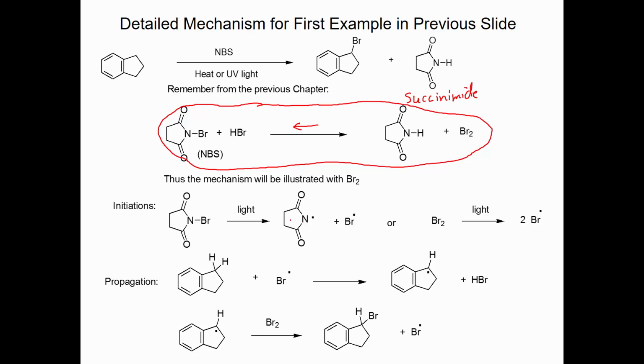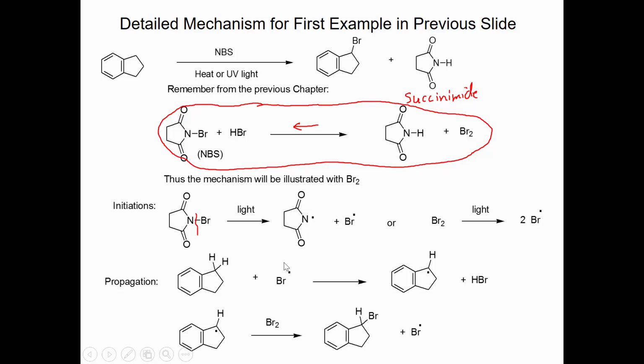All right, so in our initiation, we're going to treat this with light to just cleave the nitrogen-bromine bond, and this gives us the nitrogen radical and bromine radical. And we could also imagine that there would be some bromine here, so we're going to say bromine could react with light to make two bromine radicals. Either way, the net result is that we're making these radicals to start our propagation process.